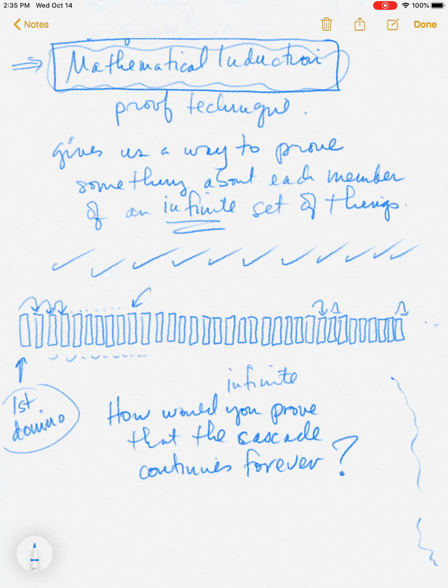I wish we could have a conversation about this, but here's how you might proceed. You might start off by saying, okay, we can knock down the first domino, right? So first we knock down domino number 1, and it knocks over domino 2.